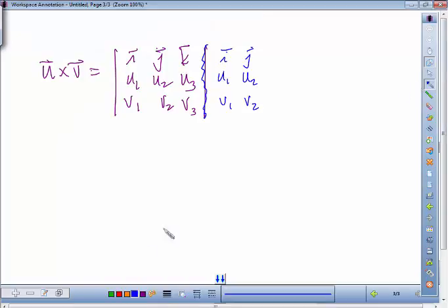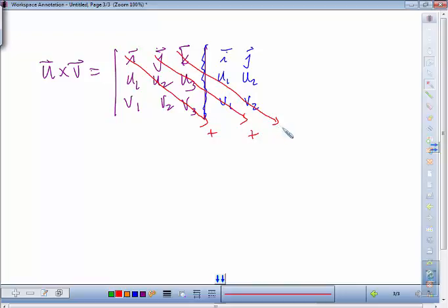And then what they do is they find the product of these things going down. And then they find the product of these things going up. And notice I have pluses going down and minuses going up.